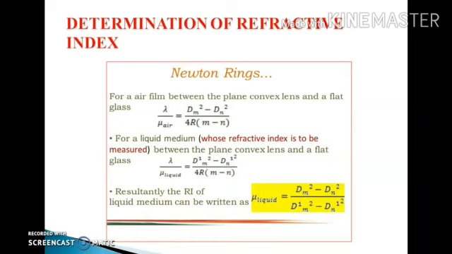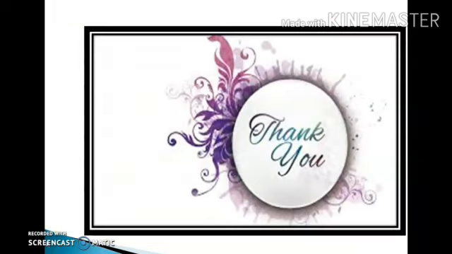So by reaching this point, we have seen that by using the Newton ring method, we determine the wavelength of the light source used and the refractive index of the liquid. Up to this point, we have used a monochromatic source of light in which we get Newton rings that are alternately dark and bright, and we have seen that the diameter of a ring depends upon the wavelength of light used.